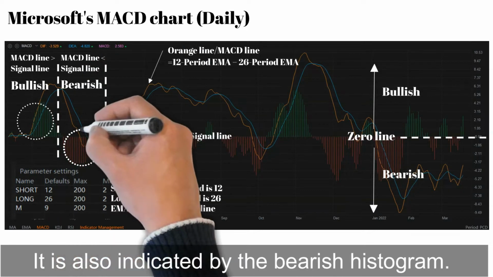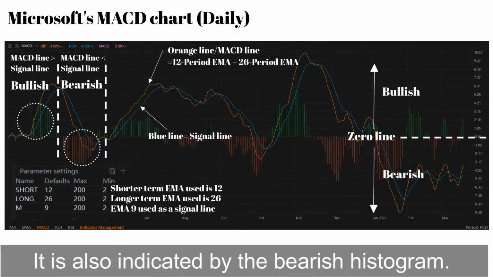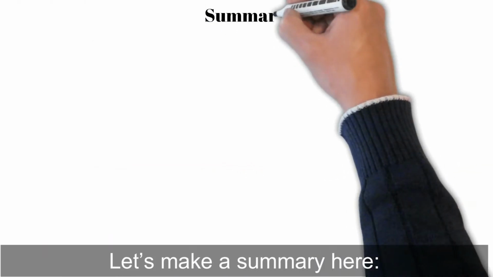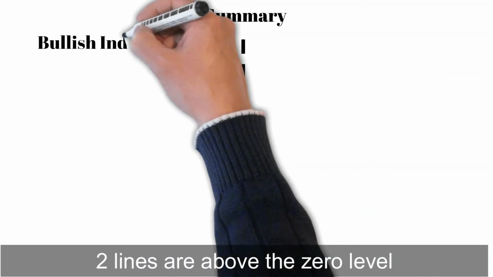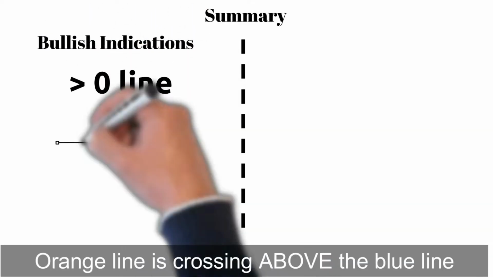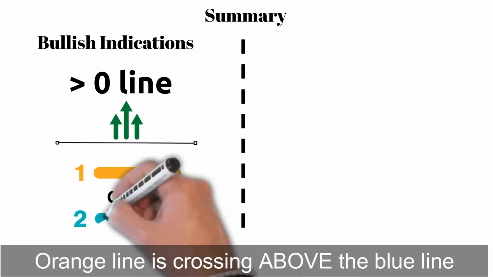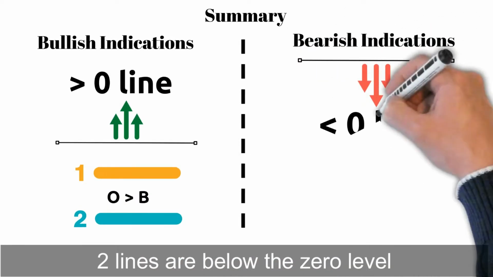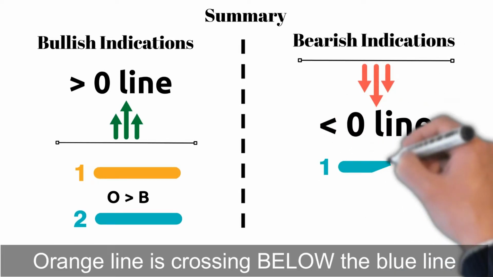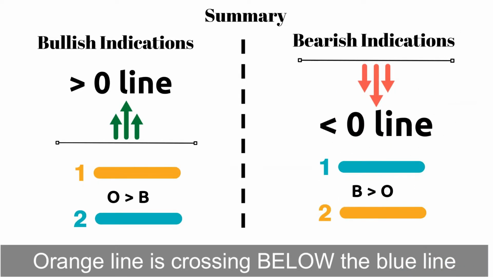It is also indicated by the bearish histogram. Let's make a summary here. Bullish indication: two lines are above the zero level, and the orange line is crossing above the blue line. Bearish indication: two lines are below the zero level, and the orange line is crossing below the blue line.